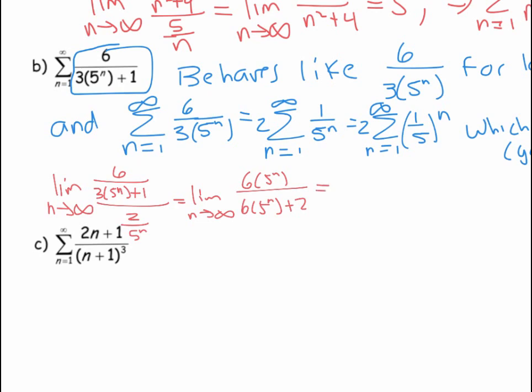And if it's not clear what this is doing, you can divide all the terms by 5 to the n. When you divide the top term by 5 to the n, you get a 6. You divide the denominator by 5 to the n, you get 6 plus 2 over 5 to the n. And so as n goes to infinity, this becomes 6 over 6, which is 1.